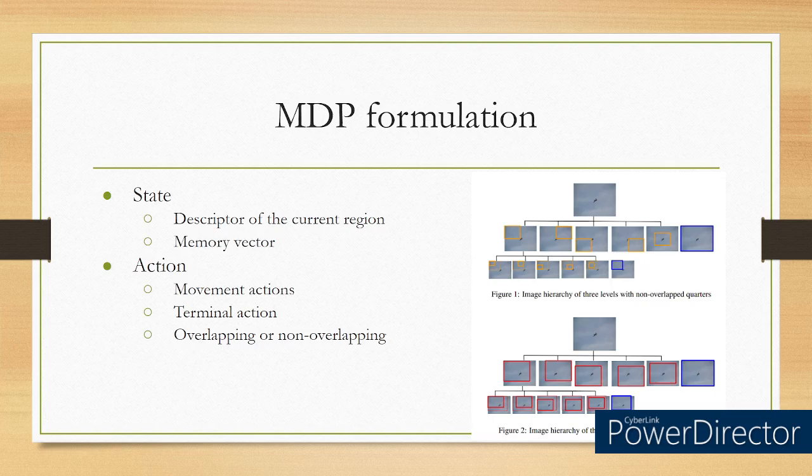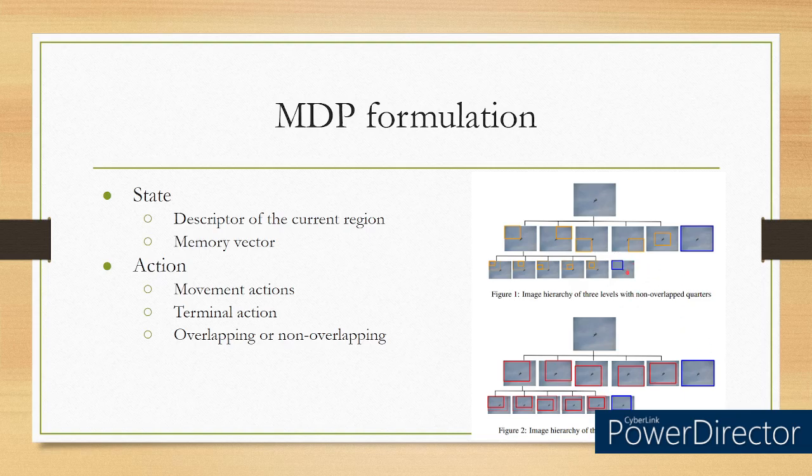From the figure, we know that if using the non-overlapping approach, dead zones might appear, potentially leading to a final bounding box that fails to include the target. While the overlapping approach requires more iterations to converge, it yields better performance.